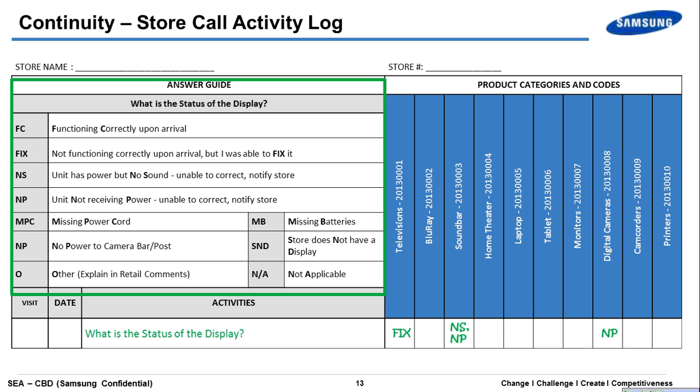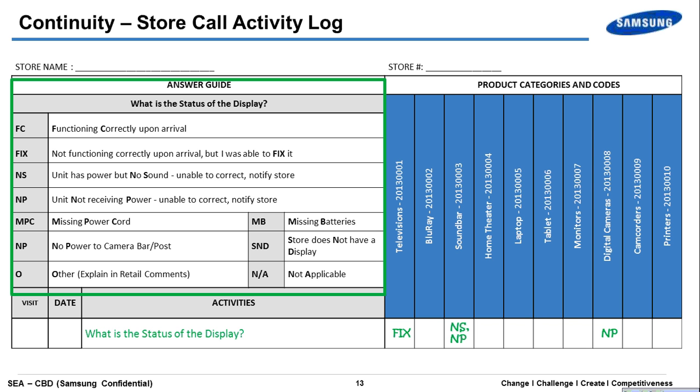So here's the green section, the functionality. And as you can see, what is the status of the display? I used the code from above, fix. When I walked in, the TV was not functioning correctly, but I was able to fix it, so I would just write fix in the box. Now the sound bars: when I arrived in the store, there wasn't any sound.